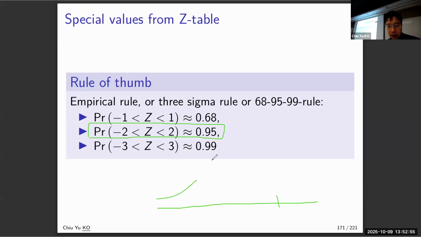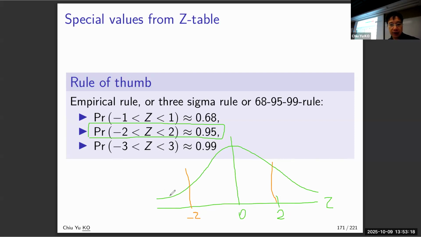So the Z here is from 0. What is this number? We want to know 2 SD above the mean and 2 SD below the mean, right? So that's what we want.